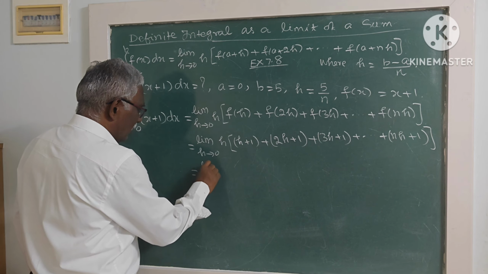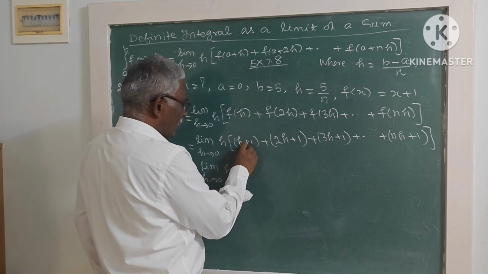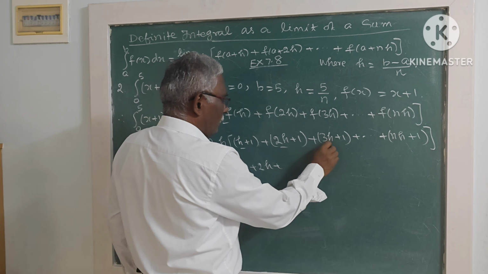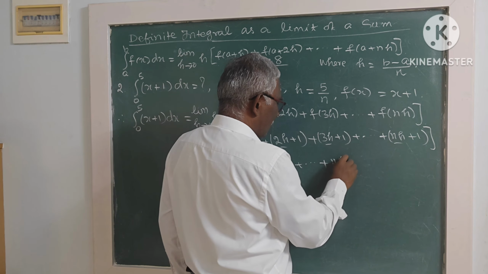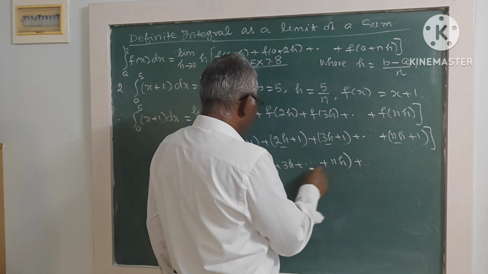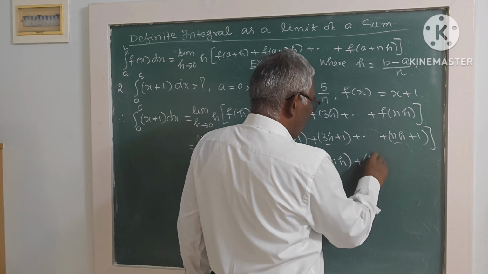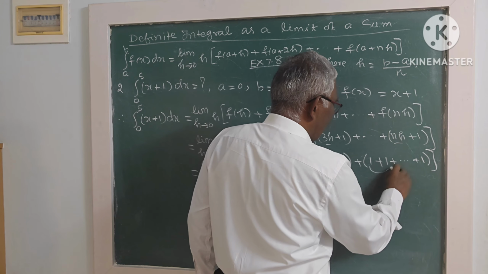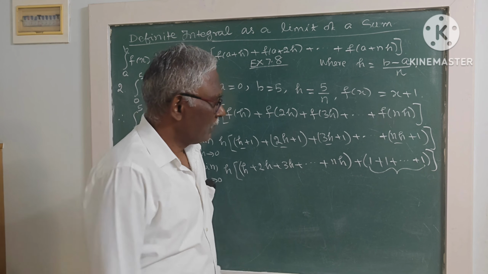Now limit h tends to 0, h into h plus 2h plus 3h plus etc. plus nh. This is one term. Then plus 1 plus 1 plus etc., n times.